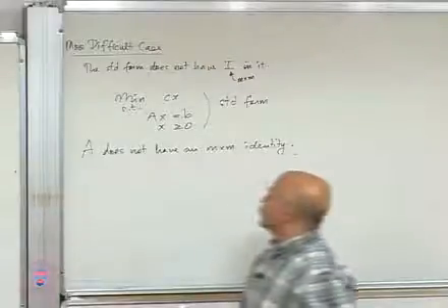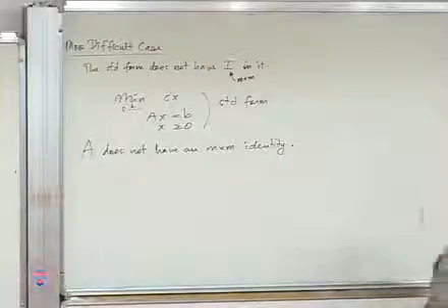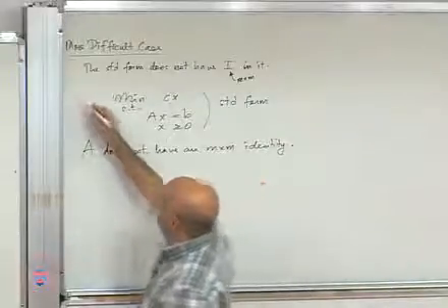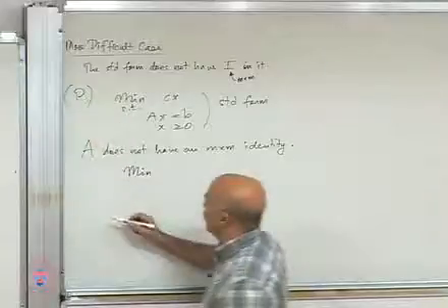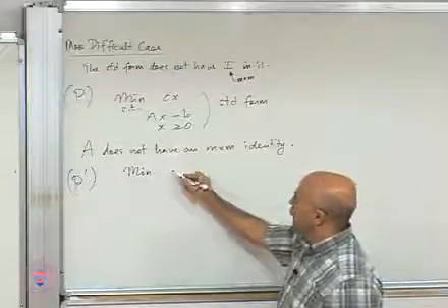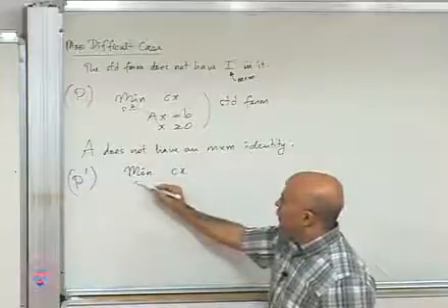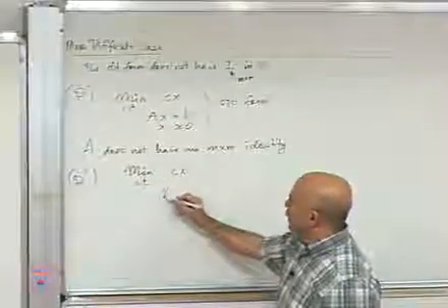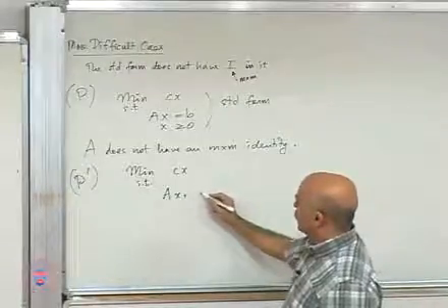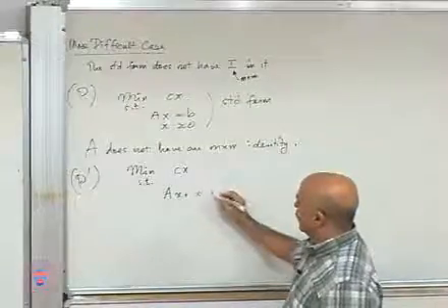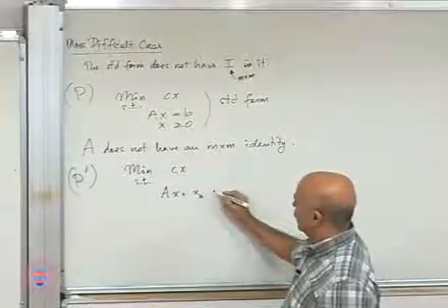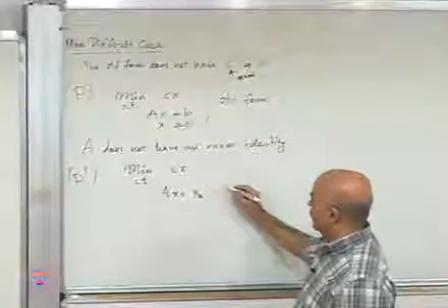In that case, what we do is we perturb the problem to make it look like the following. So if this is my initial problem, I perturb it, make it P prime. I add identity times a vector of variables x sub a.